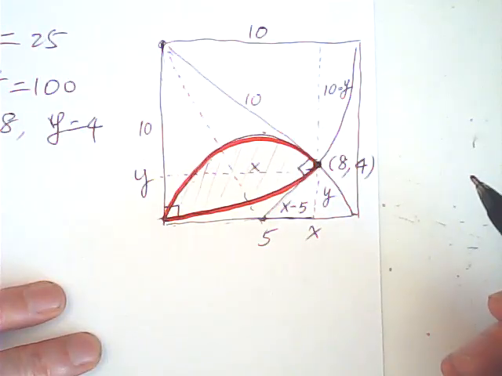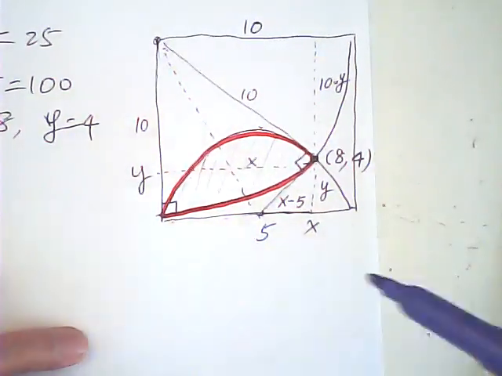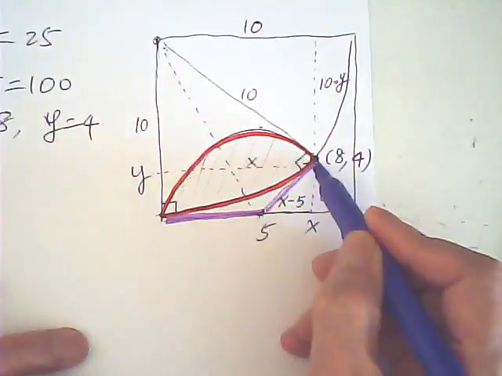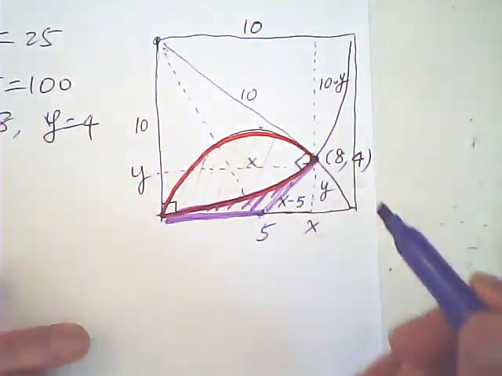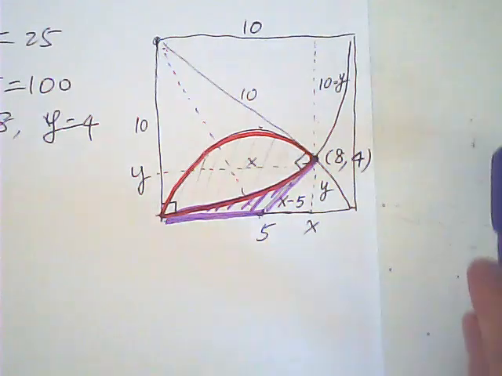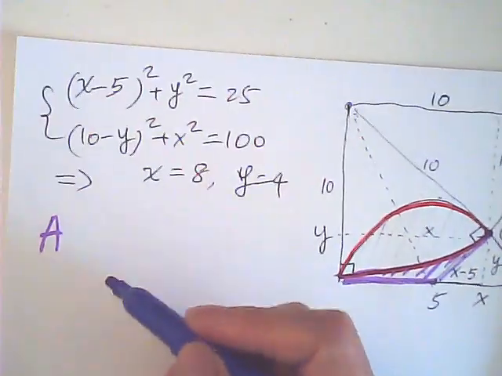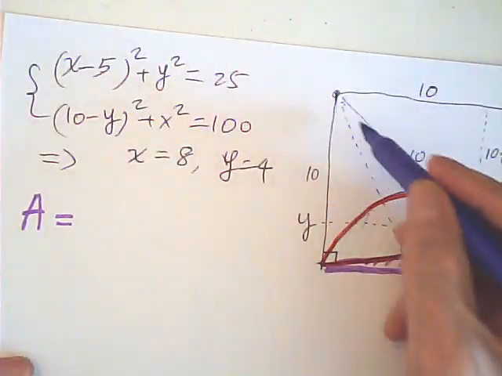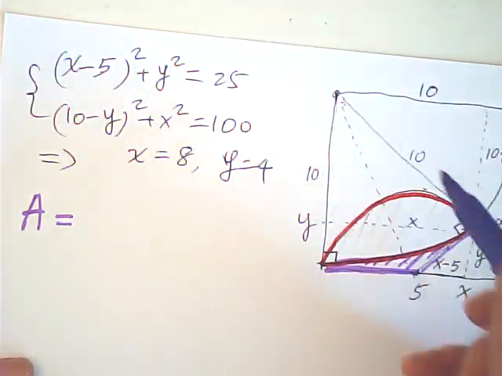Okay, good. Then we can find this area. I use a different color. This area is equal to the area of these two triangles.